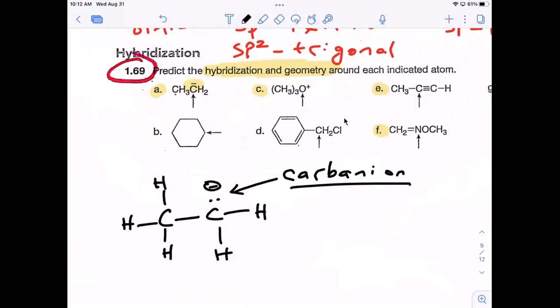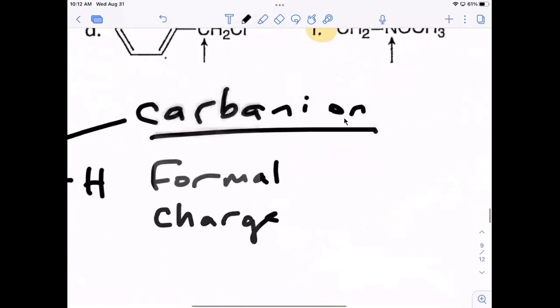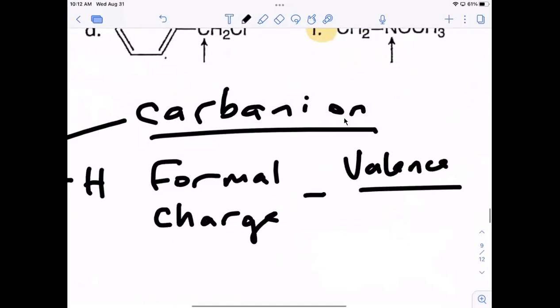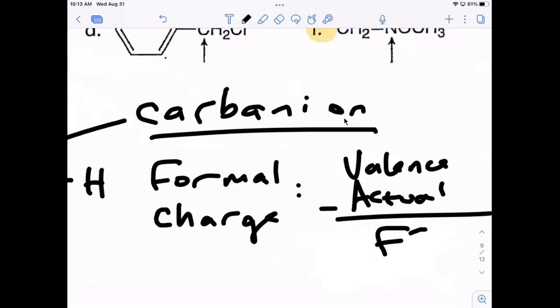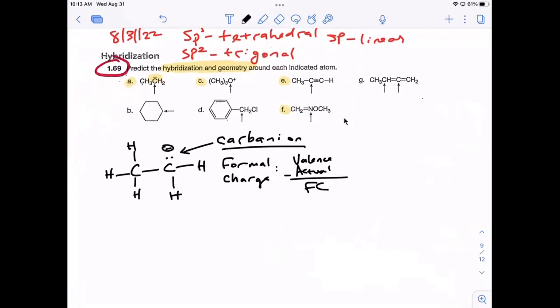The way you calculate that charge is another learning objective. You take the valence electrons and subtract from that what I like to call the actual, and you get the formal charge. Let me explain what I mean by actual.